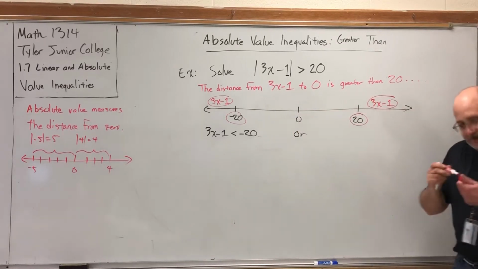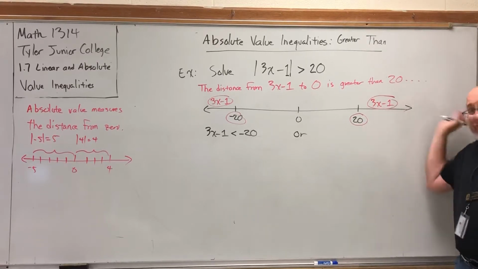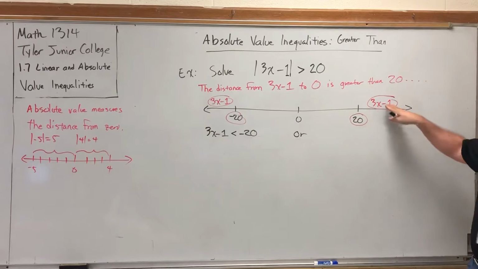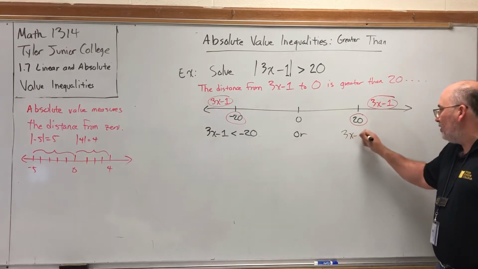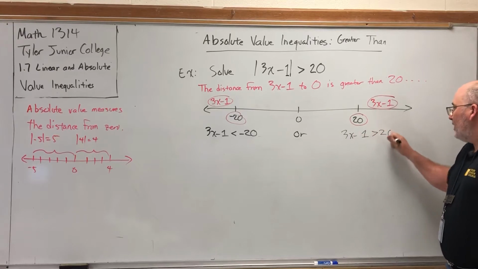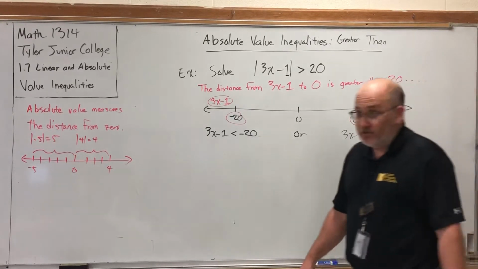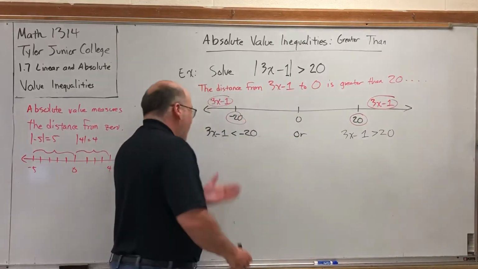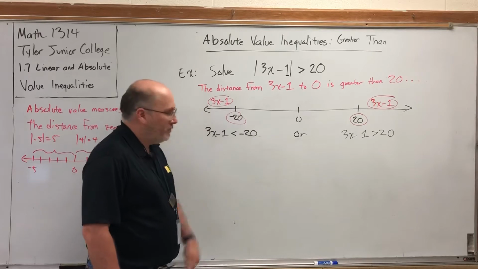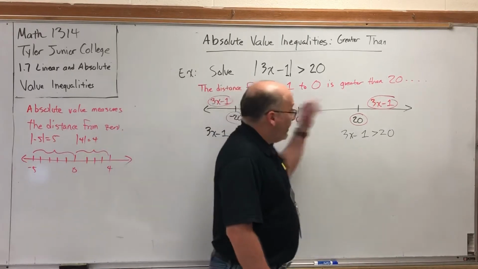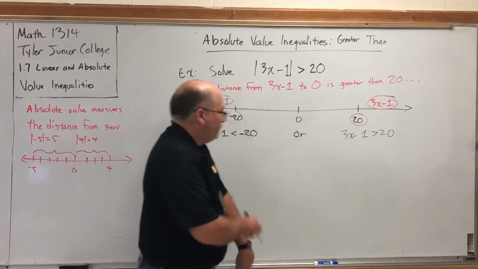The 3x minus 1. I know that because visually it's to the right of 20. So putting the 3x minus 1 over here says that 3x minus 1 could also be greater than 20. So the 3x minus 1 can satisfy one of two conditions. Either it's less than -20, so more than 20 spaces to the left, or greater than +20, more than 20 spaces to the right.